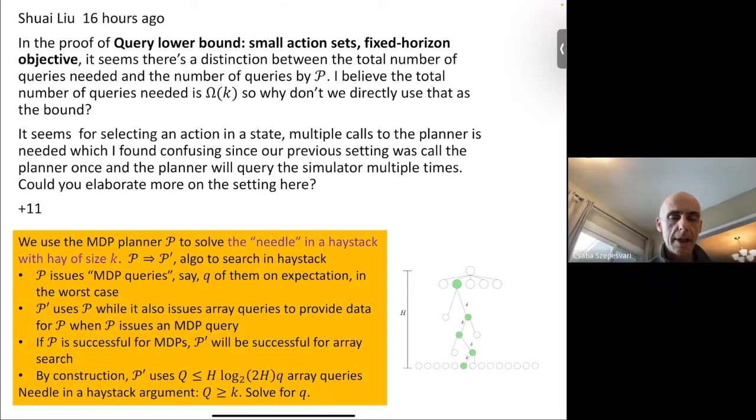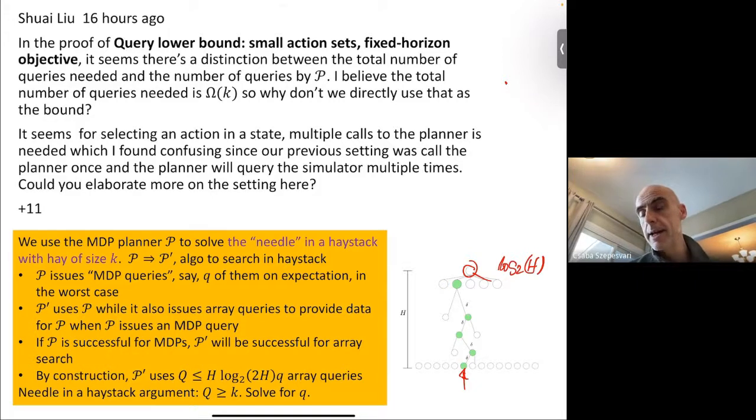Because what it was doing is that, you start at the root, and from there you want to find the path that goes to the rewarding node. You run your MDP planner algorithm, and it's going to output some action. If you only call it once, then maybe it's going to miss. So you call it log2 h times.